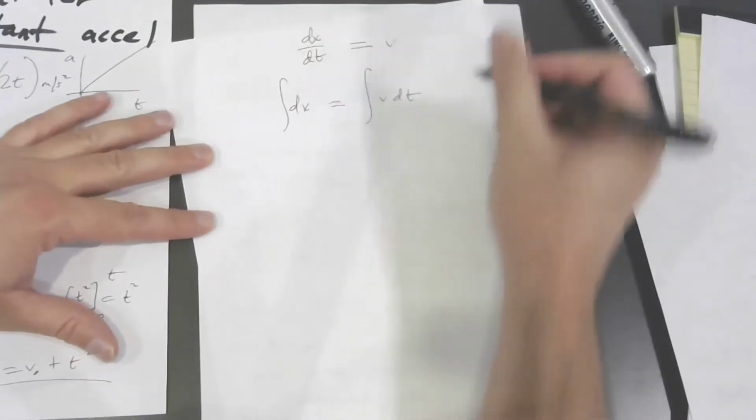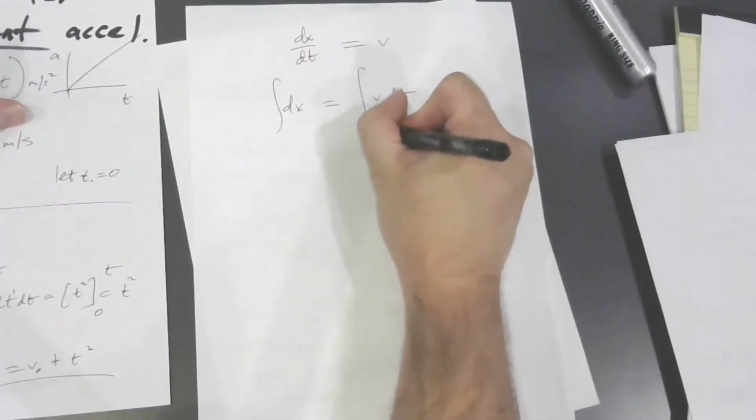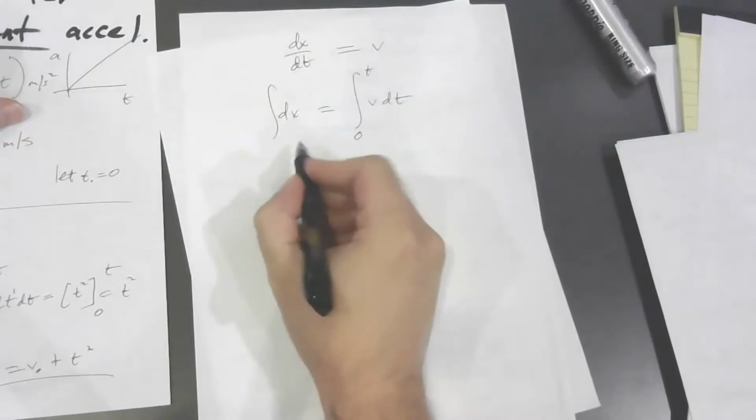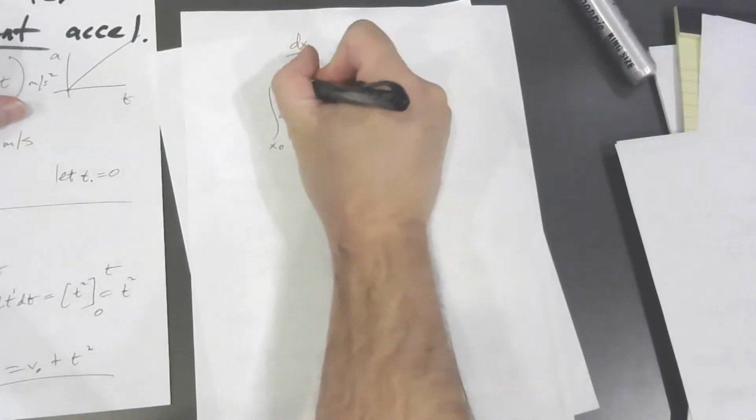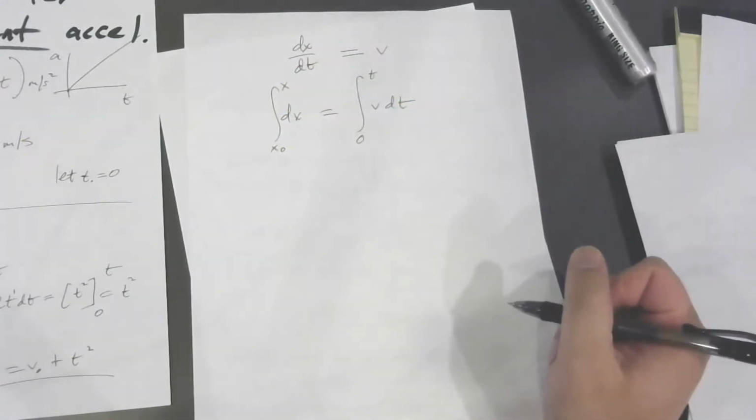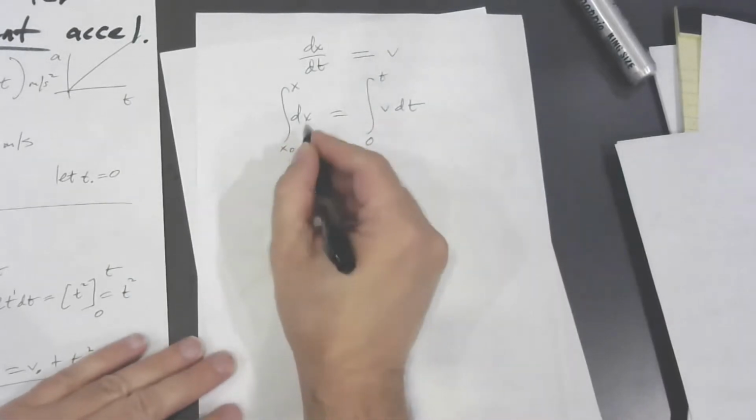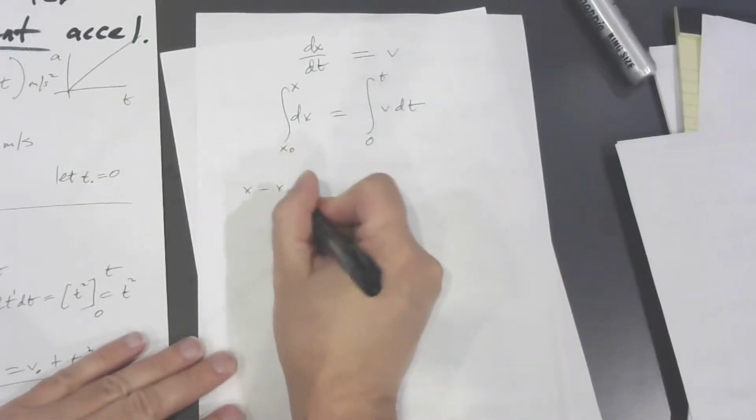I'm killing a lot of trees here, but that's because I guess I'm presenting. Let's integrate both sides. We're integrating from t equals 0 to some final time t, and the corresponding initial position should be called x naught, and the final position would just be called x, so this is the position at that final time t. I'll go ahead and do this integral, so x minus x naught is what I get.